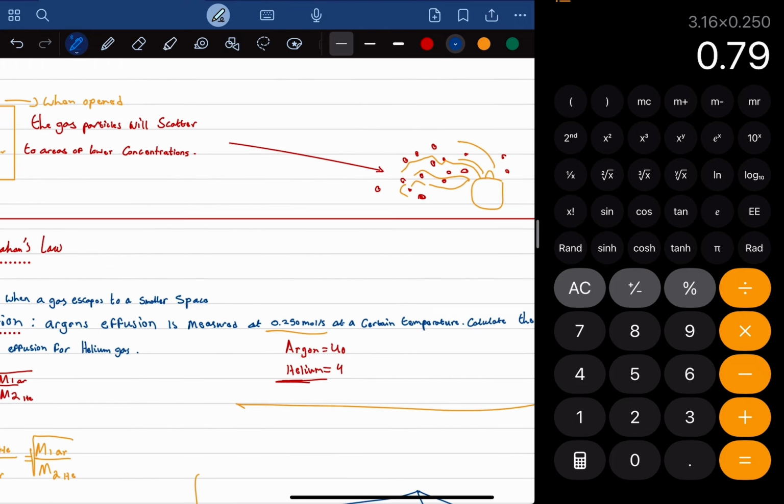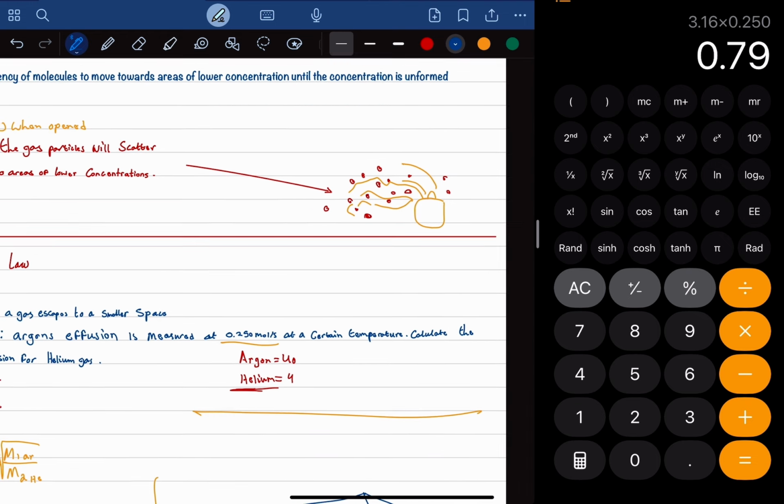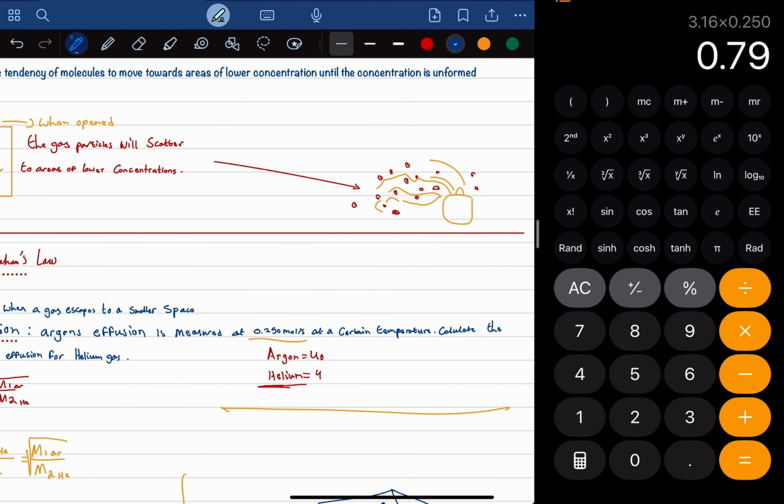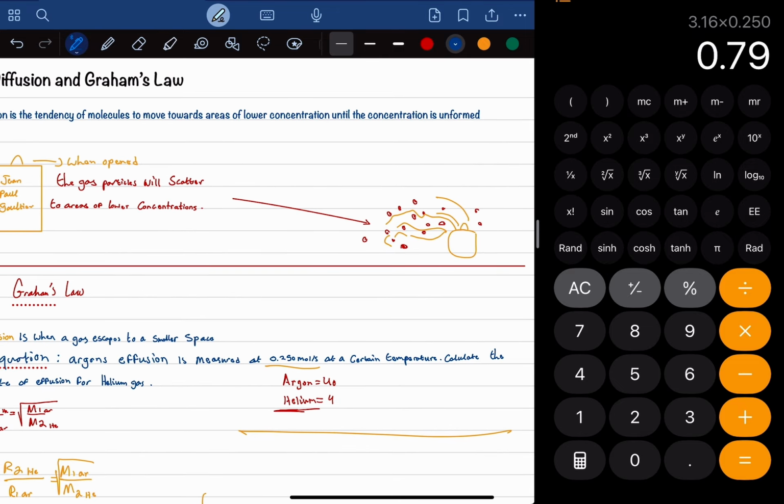Let's say you have a cologne bottle, and when you open the lid, there's generally going to be an aroma surrounding it, and the aroma is basically gas particles. And when they leave, they go to different places to balance out the concentration or go to lower concentrations. And this is what effusion and diffusion generally are. It's very simple.